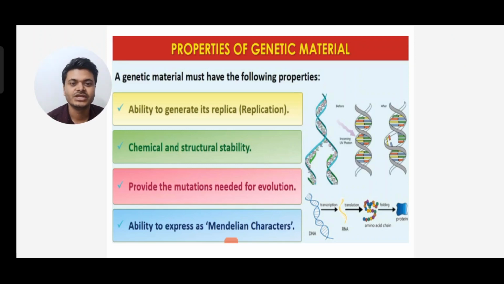And fourth, it should have the ability to express as Mendelian characters. So these are the four properties of genetic material: replication power, chemical and structural stability, mutations needed for evolution, and the ability to express as Mendelian characters.